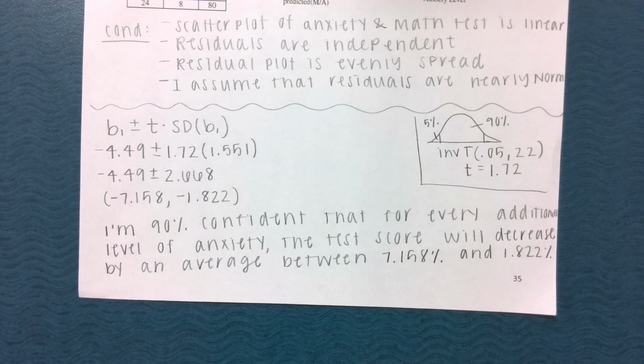So I'm 90% confident that for every additional level of anxiety, we expect the test score to decrease by an average somewhere between 7% and 1.8%.